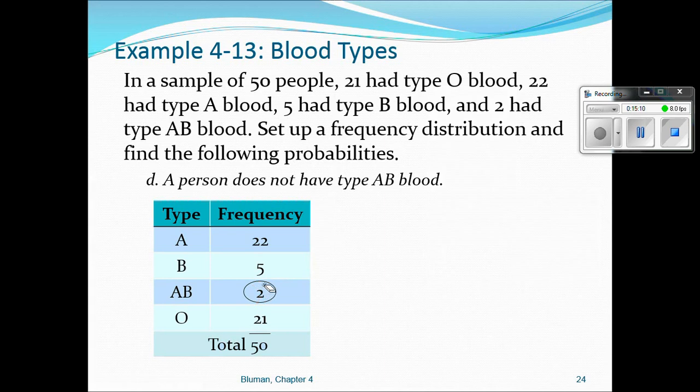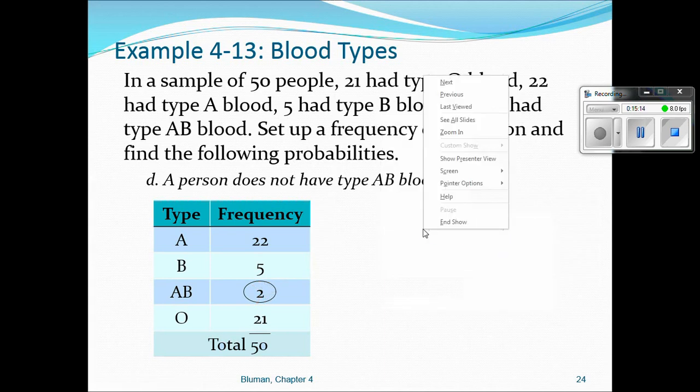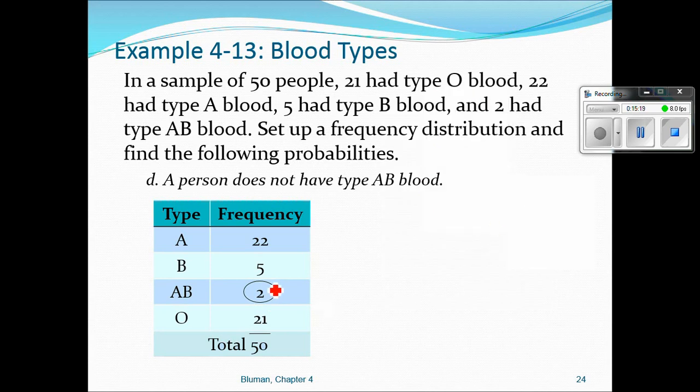Erase that real quick. Okay. Why don't we just find out what is the probability of having AB blood? The probability of having AB blood would be 2/50. So the probability that a person does not have AB blood would be the complement, everything else.